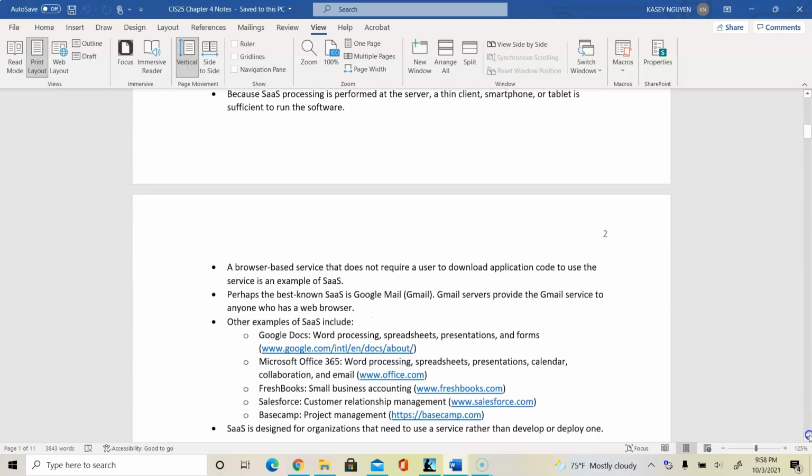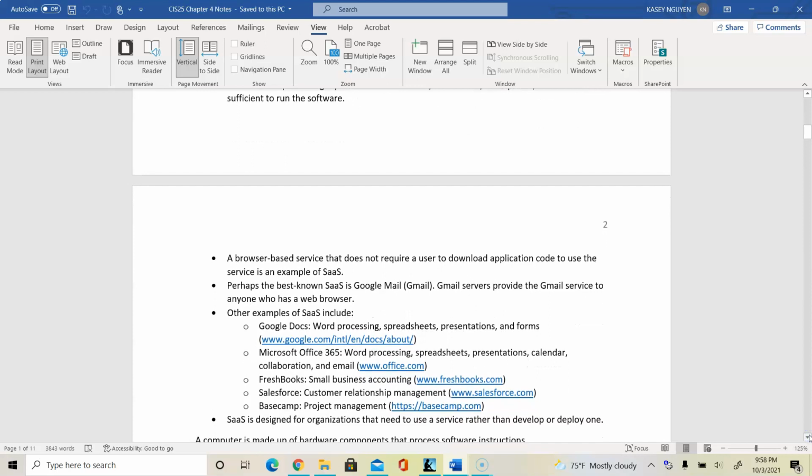So as long as we can provide services that are browser oriented and connected through the internet, that would allow the user to be able to download apps and run the apps on their devices. So a good example for this would be your Gmail, which is your Google Mail, and that is provided by Google. So Gmail servers can provide Gmail services to anyone that has a web browser.